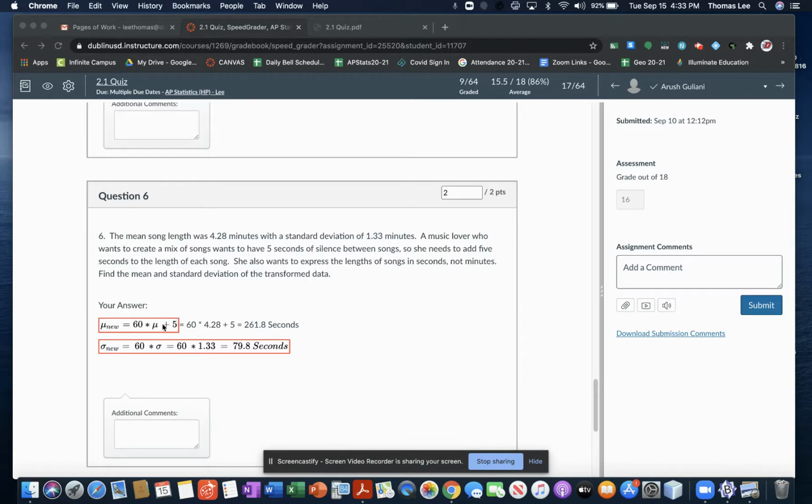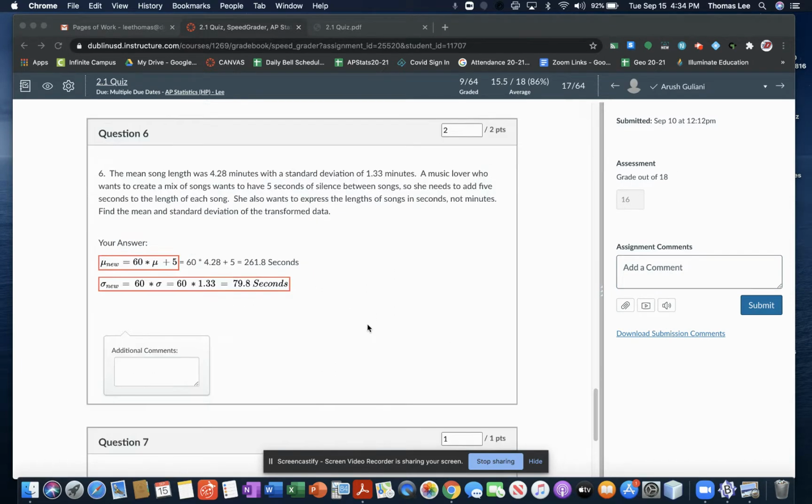And then you're going to add 5. You're going to bump the entire distribution to the right by 5 units, but the spread doesn't change. The spread doesn't get bumped because you're not adding. You just do the unit conversion, but you don't add the 5.